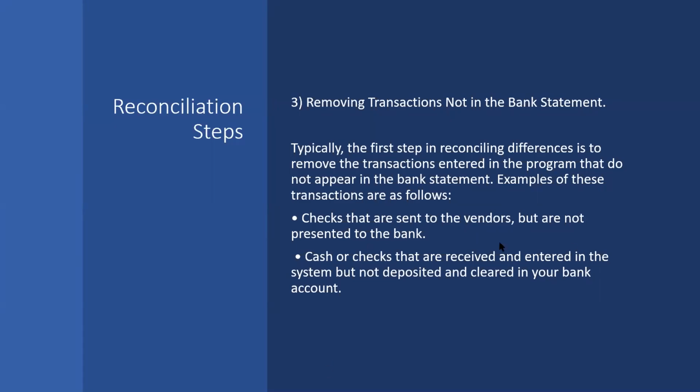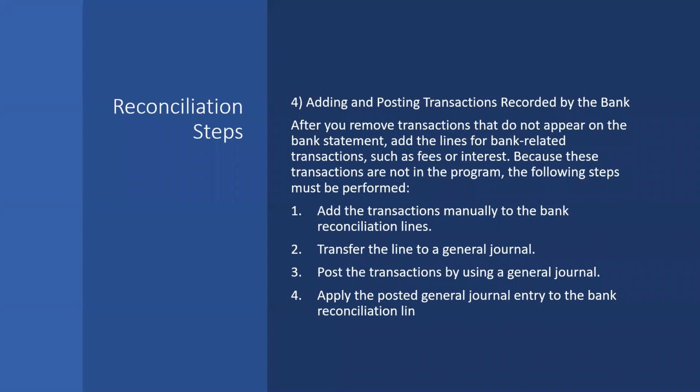So you need to work with those like we did today with one example and continue reconciling. Then adding and posting transactions recorded by the bank. So like we did, create them, generate, transfer to a general journal and post them.